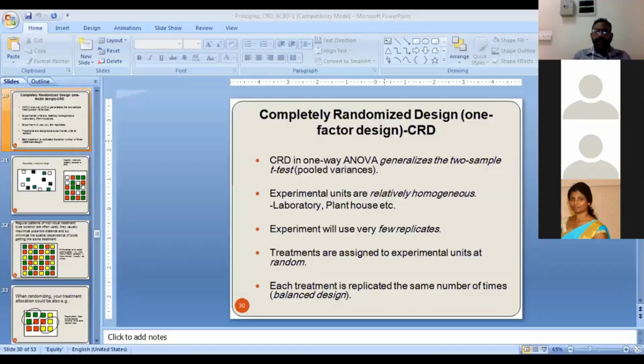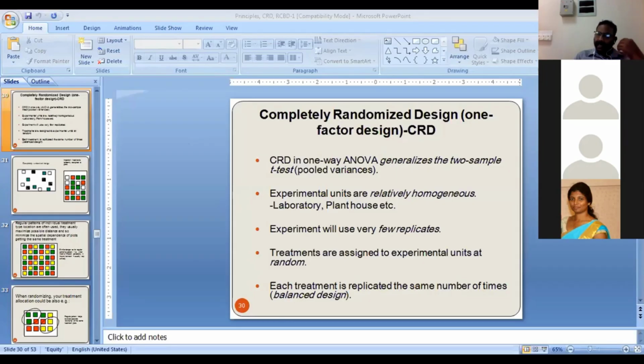If you look back where we stopped last time, we started with the first conventional design. That is basically called CRD in short form, complete randomized design. So that is the very basic design.